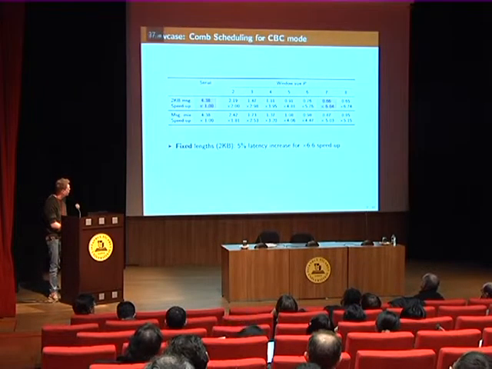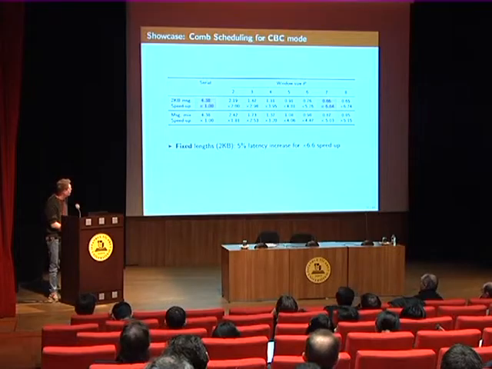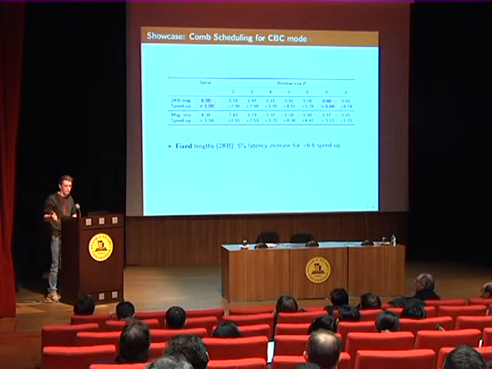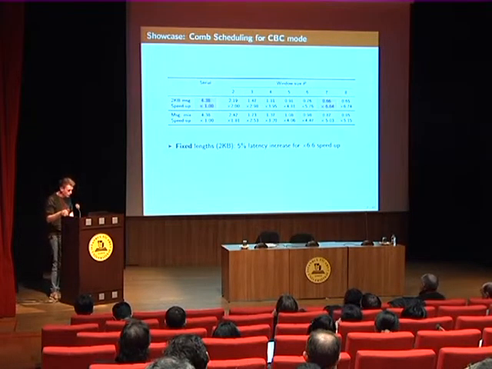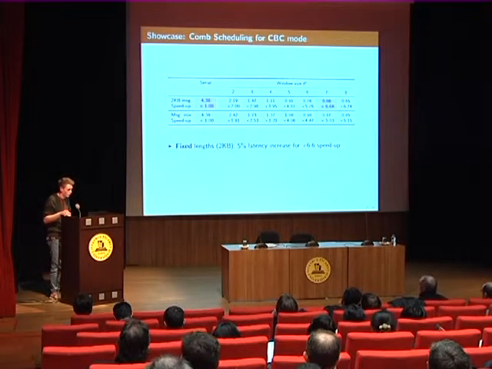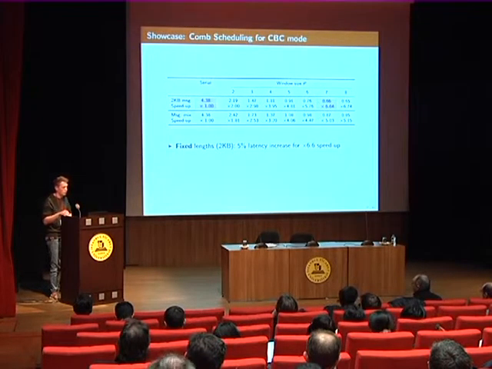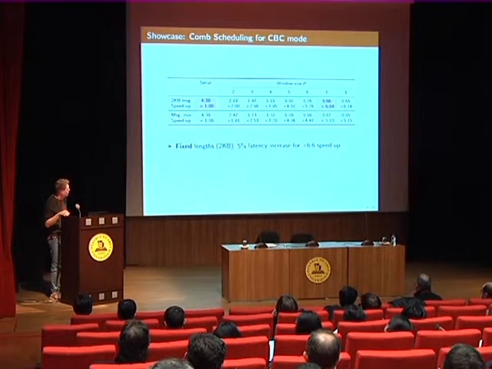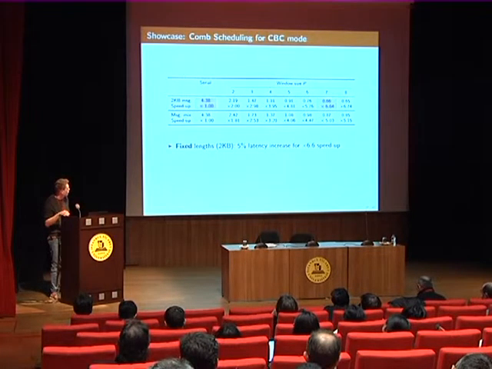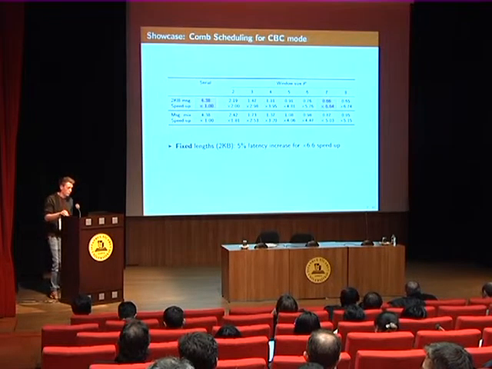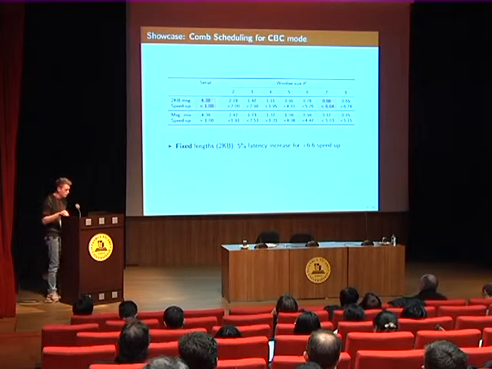The first thing we see, if we look at the first 2 rows of data, is that they give data points where all messages have the same length. All messages have a length of 2 kilobytes in this case. Comparing the serial performance with the performance using a window of size P, we're able to reduce the cost from roughly 4.4 cycles per byte all the way down to 0.66 cycles per byte.